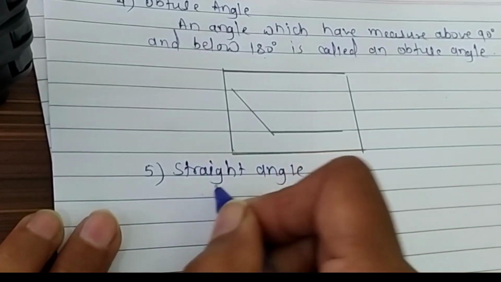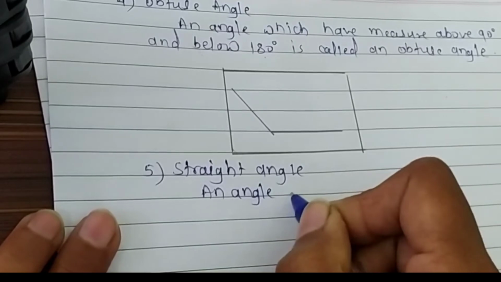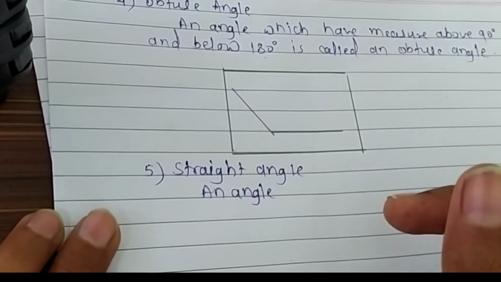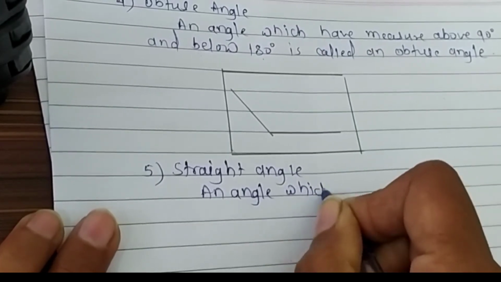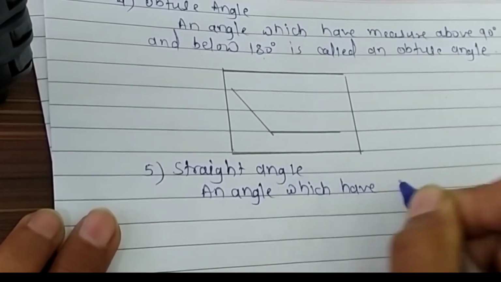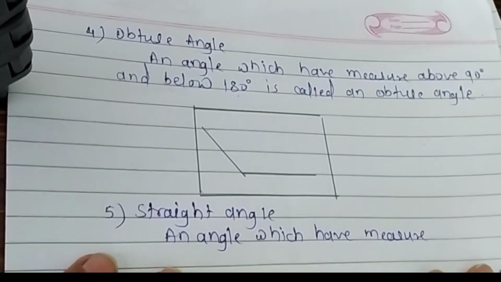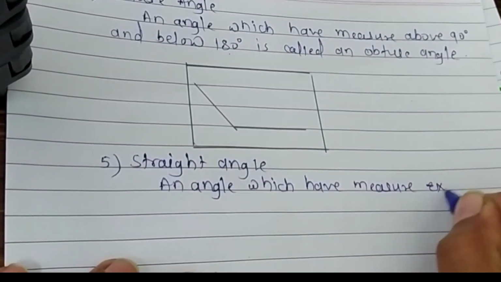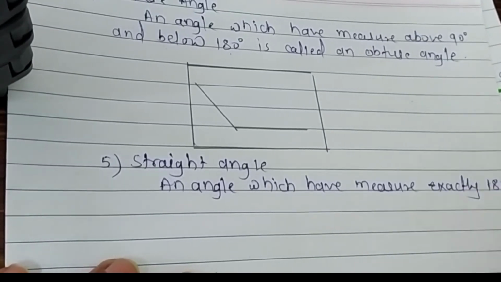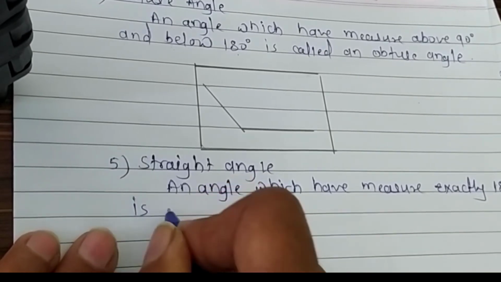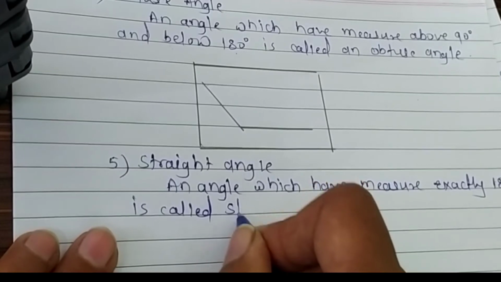An angle which has a measure of exactly 180 degree is called a straight angle.